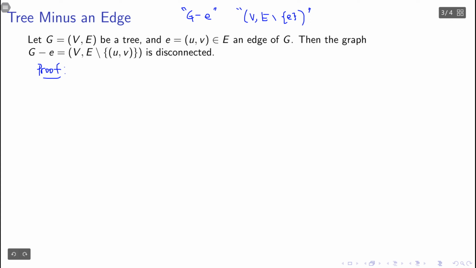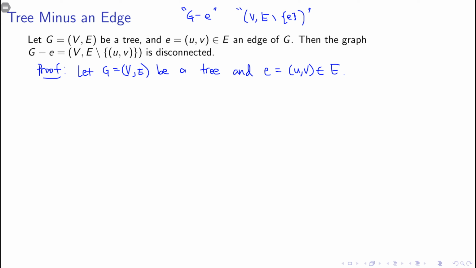So what do we have here? Let G be a tree, and E an edge in the tree connecting U and V. Let's remove E, and we want to show G minus E is disconnected.